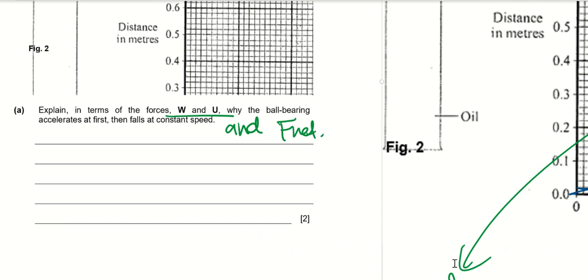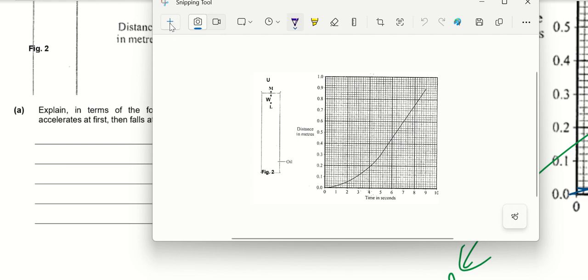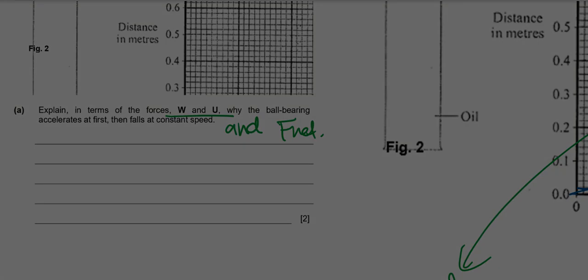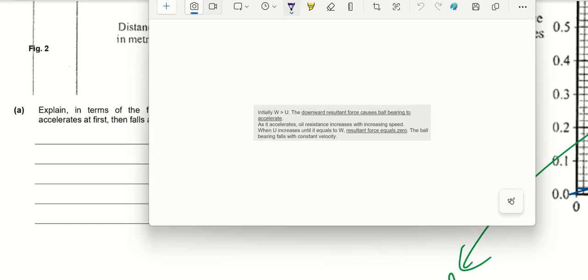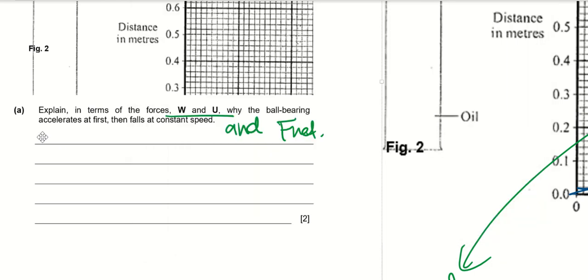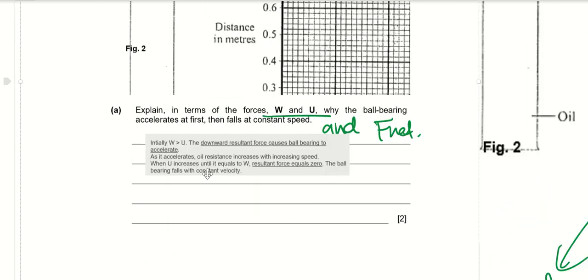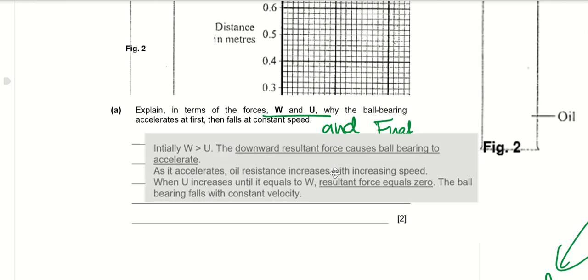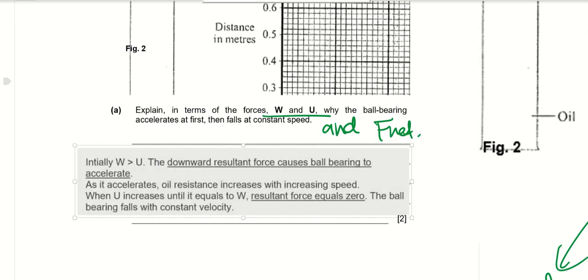Okay, let me show you the answer. Okay, so initially W greater than U, downward resultant force causes ball bearing to accelerate.